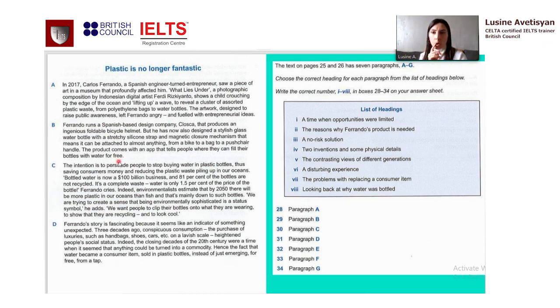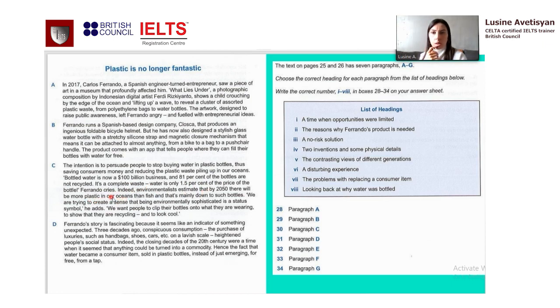Okay, so we spoke about why the intention is to persuade people, why he made this, the one that was mentioned earlier. Bottled water is now big business, and 81% of the bottles are not recycled. Very bad. It's a complete waste.